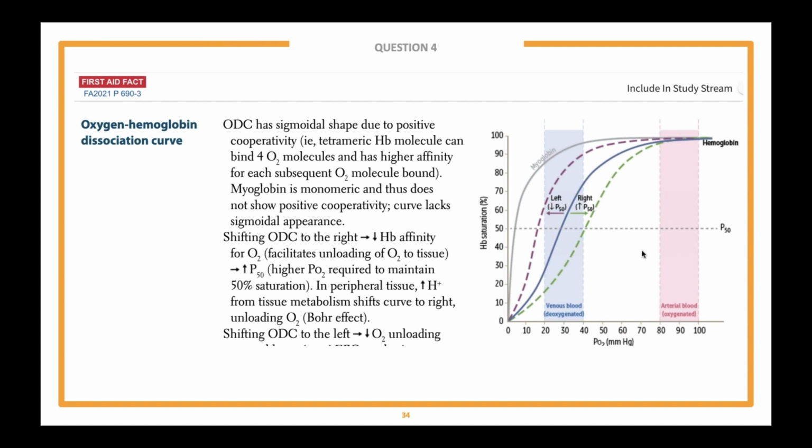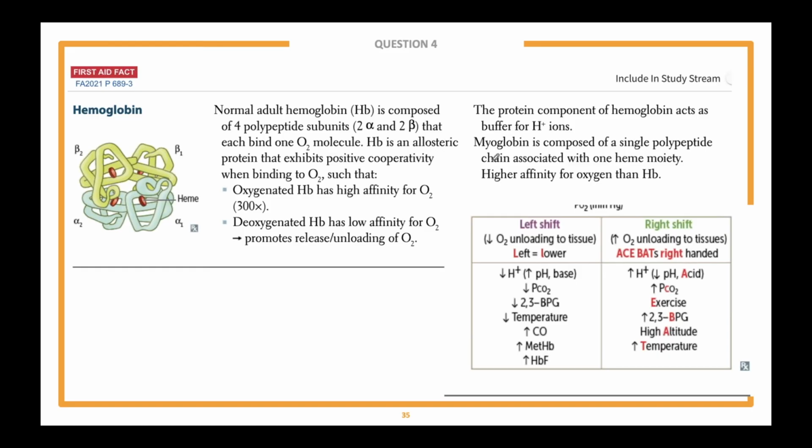Let's move to the next slide real quick. You can see here the hemoglobin molecules, oxygenated hemoglobin versus deoxygenated hemoglobin. The increased synthesis of 2,3-bisphosphoglycerate stabilizes deoxy or T hemoglobin.